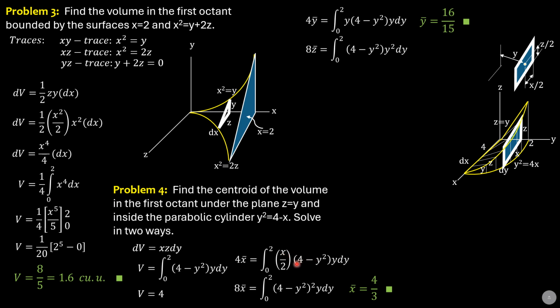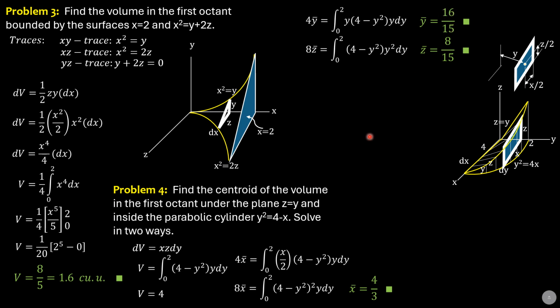Then the result would be 8 barred z equals, this is y, so quantity 4 minus y squared dy, which is the same as that. So again, the integration is simple. That's just power formula. Verify that barred z is 8 over 15. This integral is similar. Then divided by 4, it was 16 over 15. Now that it is divided by 8, it should be 8 over 15.